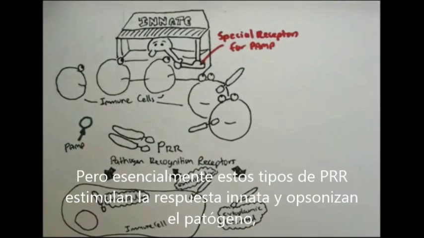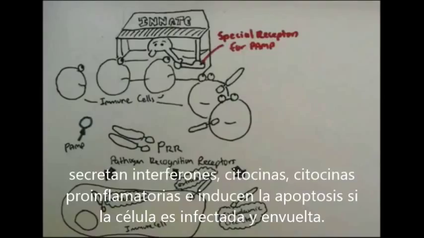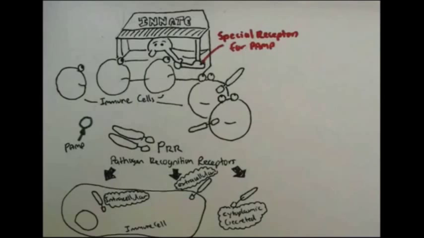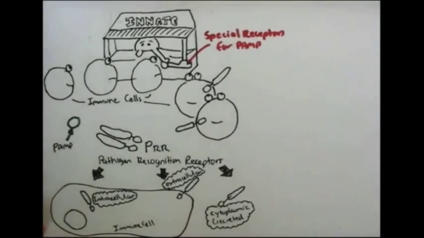But essentially, all these three types of PRRs trigger the innate immune response and function to opsonize the pathogen, activate the complement protein, phagocytize the pathogen, activate the inflammatory mediators, secrete interferons, cytokines, pro-inflammatory cytokines, and induce apoptosis if that cell is infected or whatnot. So essentially, it triggers the immune response and the inflammatory response.